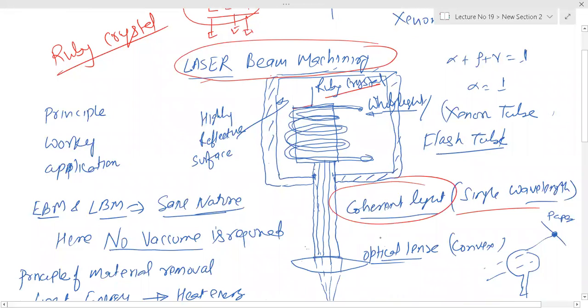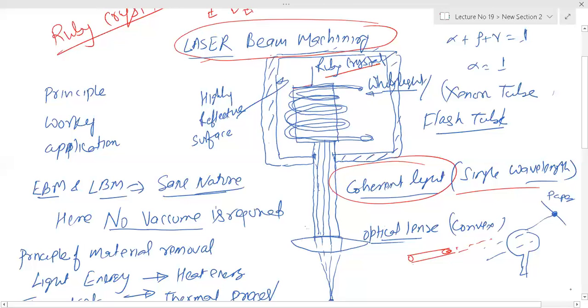All surfaces are made reflective, so that everything falls on this ruby crystal, and then it comes out.